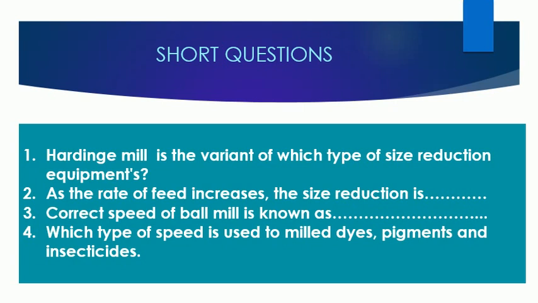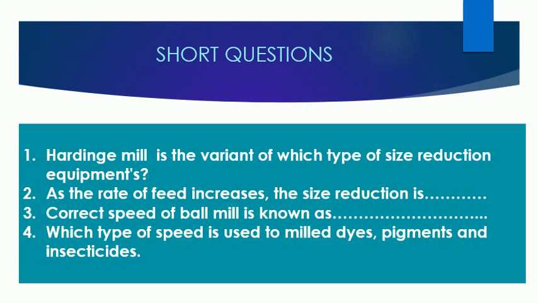Third question, the correct speed of ball mill is known as, you all know very well if you have watched this video, cascading is the answer. And the fourth question is, which type of speed is used to mill dyes, pigments and insecticide? And the answer is slow speed of the ball mill.